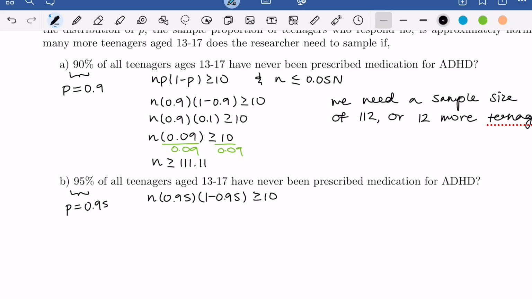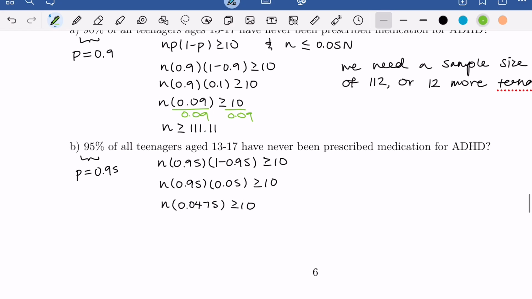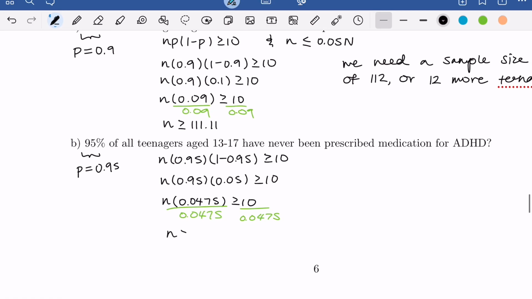This is going to give us this here on the left-hand side of our inequality. Simplifying a little further, we're going to get this here. And then lastly, we divide by 0.0475 on both sides to get our variable n, the unknown value, completely isolated. Doing that, we're going to end up with this here.